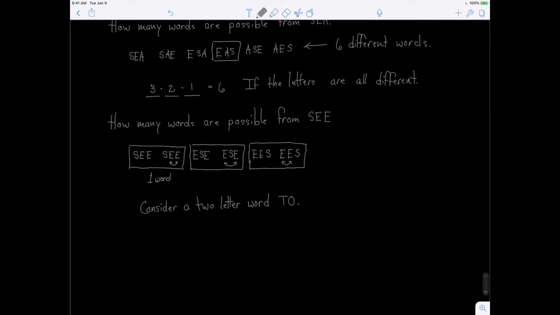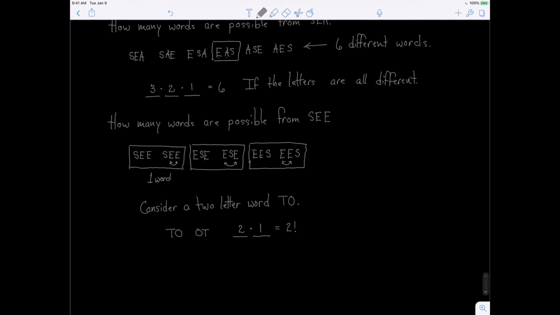Well, notice that then I could write T-O, or I could write O-T. Now notice that T-O, those are different letters. So in the first spot, I could put two different letters. In the second spot, I could put 1. Well, that's just 2 times 1, which is, oops, I should write it. That's just 2 factorial.